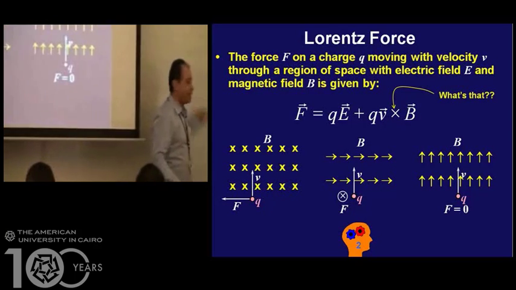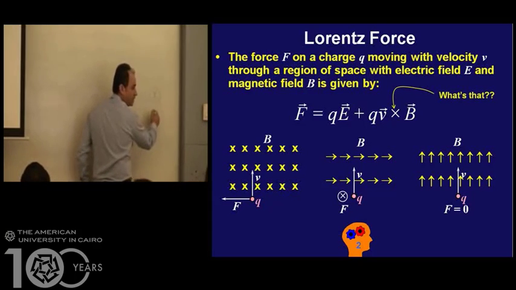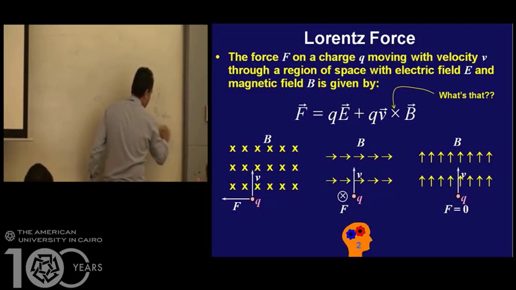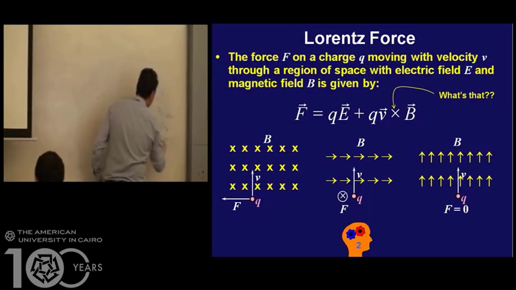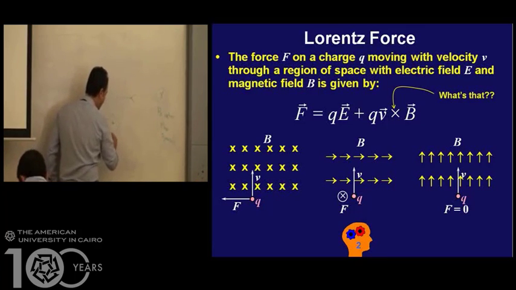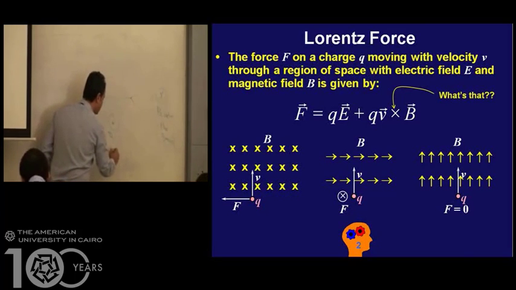If you look from the front, it will look like a point. So if I do this, it means that the magnetic field is into the page. And if you do this, that means that the magnetic field B, the symbol for the magnetic field, is out of the page.